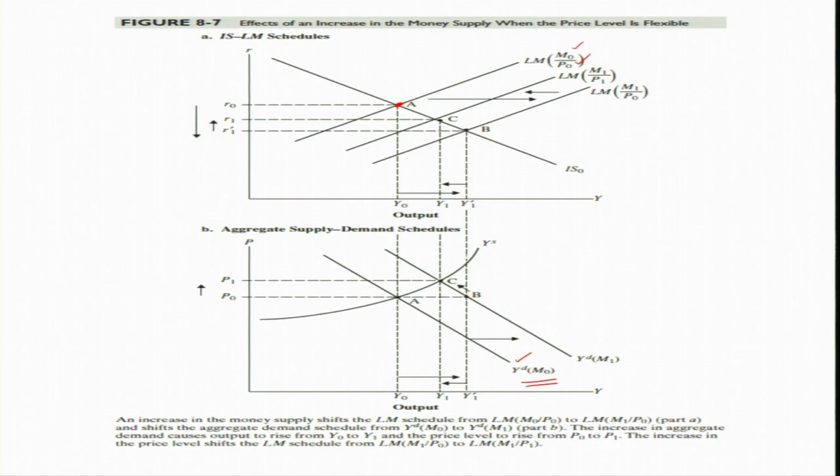Then you know that if we assume a fixed price, when the money supply is increased from M naught to M1 but the price level remains constant, the curve will shift rightwards and the new equilibrium position is going to be B. So, when we assume the price level is the same, the aggregate demand curve shifts from A to B. What we have seen is that due to an expansionary monetary policy, the equilibrium has shifted from A to B, from Y naught to Y1.